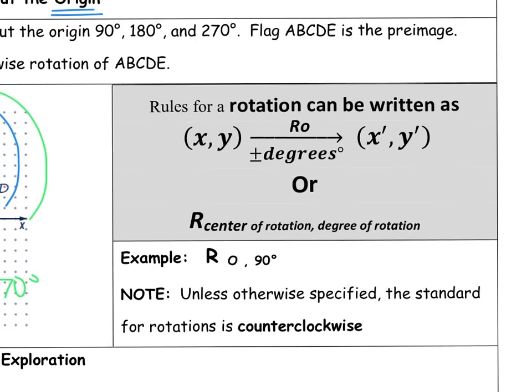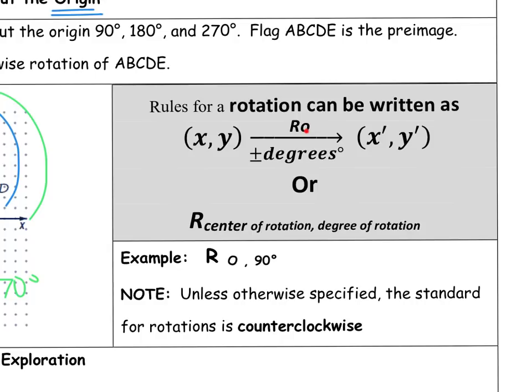Rules for rotations can be written in the following form, just like we wrote the rules for translations. Rules for rotations can be written in this form right here. Here we're starting out with x, y. We're ending up with, here's our pre-image, here's our rotated image, so those are the prime marks. The R sub 0 tells us that the origin is the center of rotation.